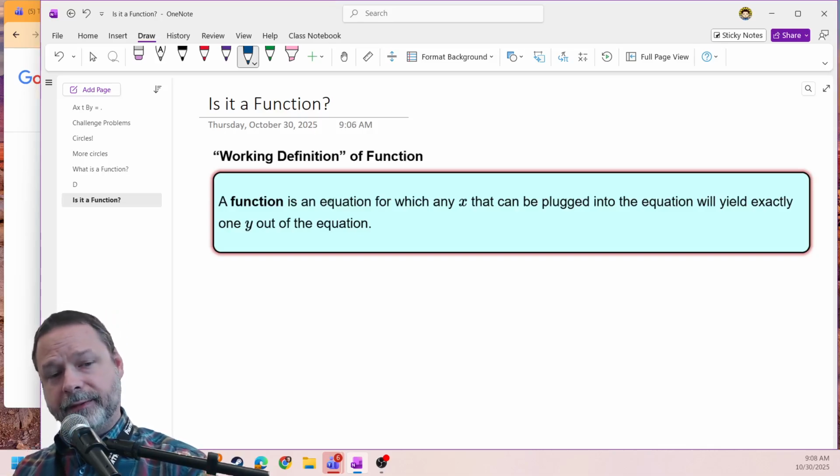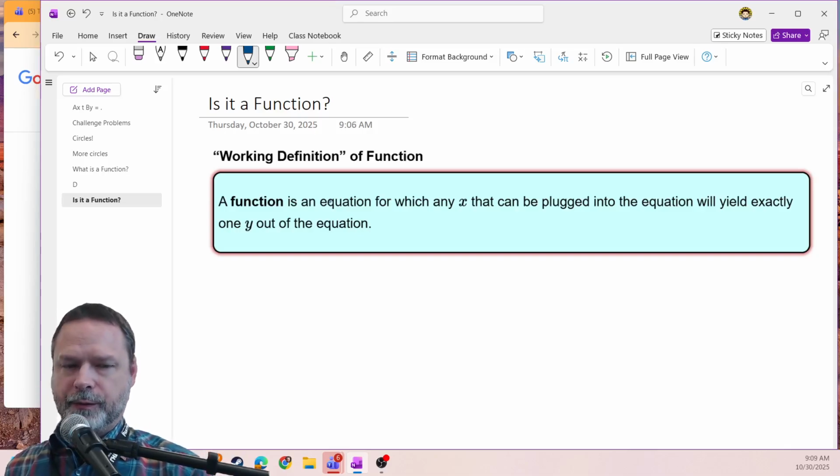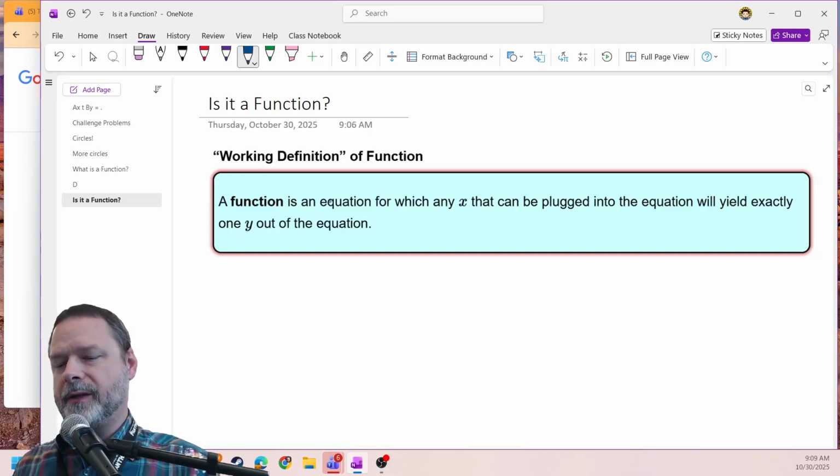But here I have in front of us a more specific definition, maybe a sub-definition, that we can use when we're talking about equations in x and y on the Cartesian plane.